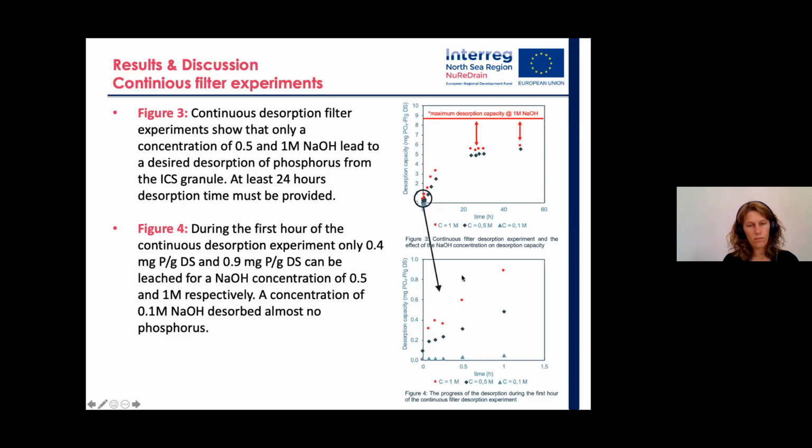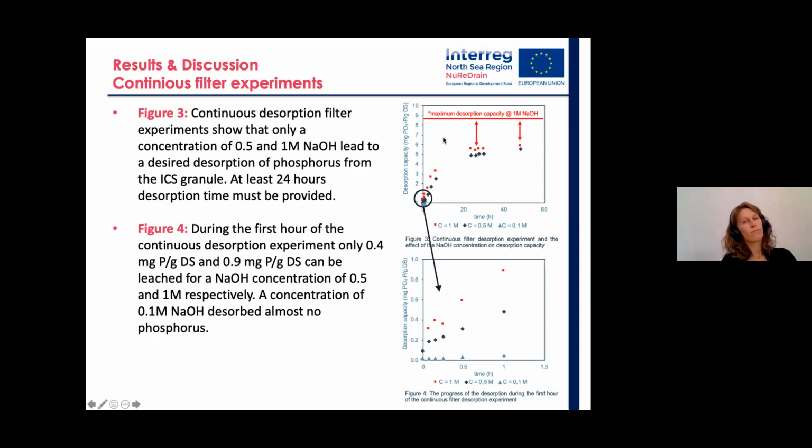I've zoomed in on the first hour of the experiment, and so you can see here for the 0.1 molar concentration, we don't have any spectacular desorption. For the other ones, the 0.5 and 1 molar, we had good results.